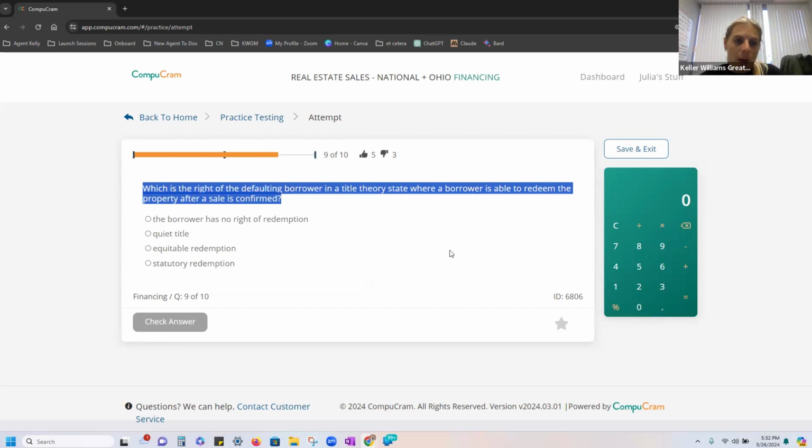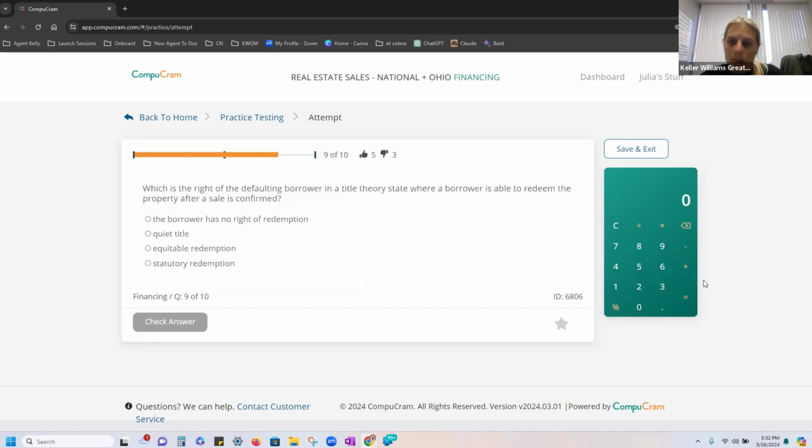Is that A, the borrower has no right of redemption, B, quiet title, C, equitable redemption, or D, statutory redemption?